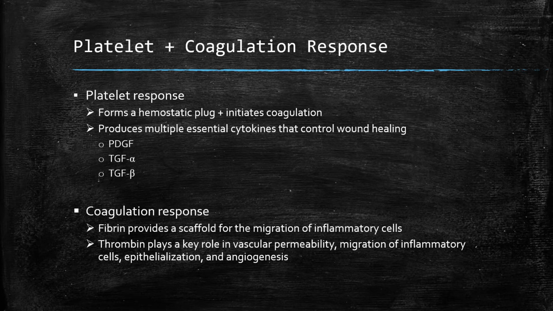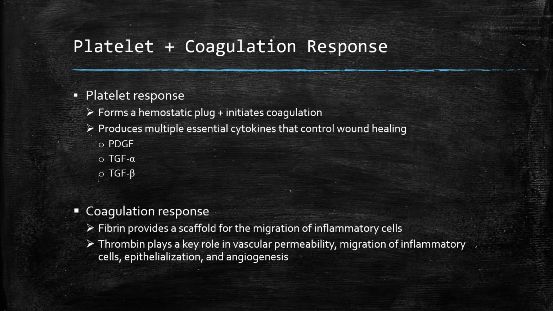Platelets produce multiple essential cytokines that control the early phases of wound healing. Chief among these are platelet-derived growth factor and transforming growth factors alpha and beta. The end result of the coagulation cascade is a stable fibrin cross-linked platelet plug.